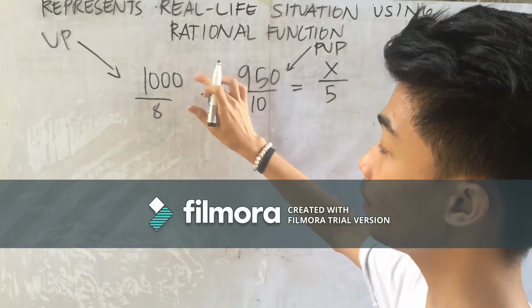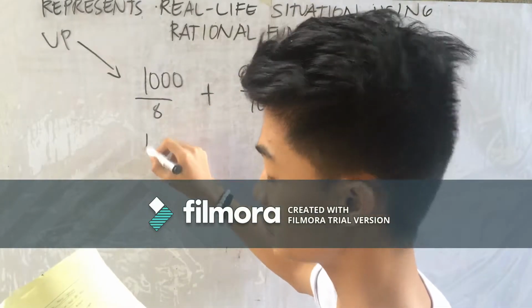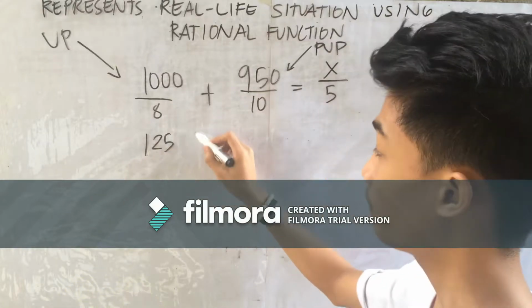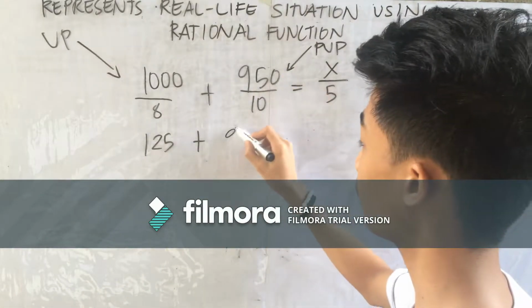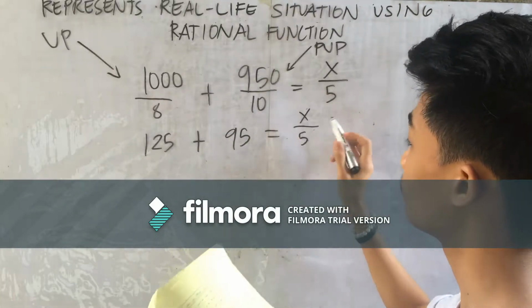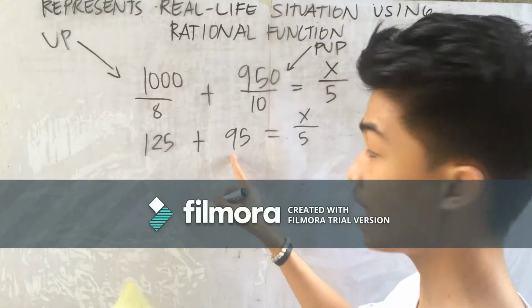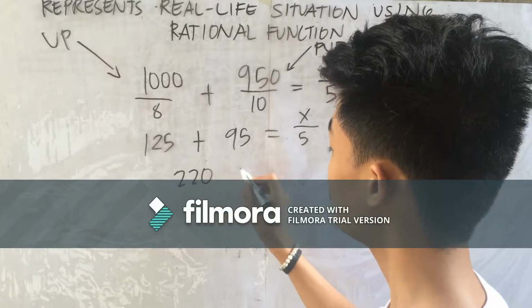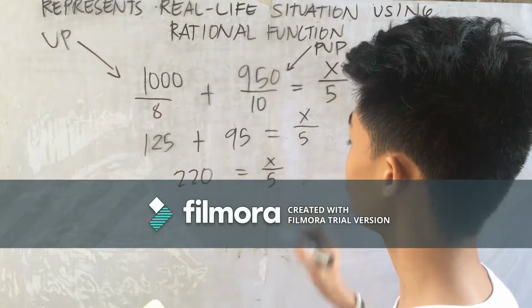Second step is i-divide natin yung 1,000 sa 8. So the answer is 125. Plus 950 divided by 10, the answer is 95, is equal to x over 5. Combine this 125 and 95, the answer is 220, is equal to x over 5.